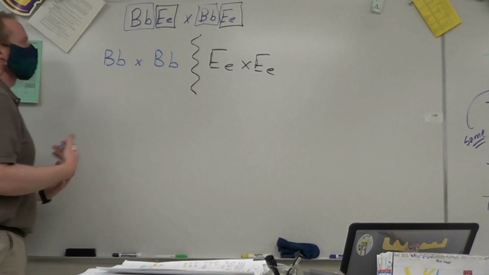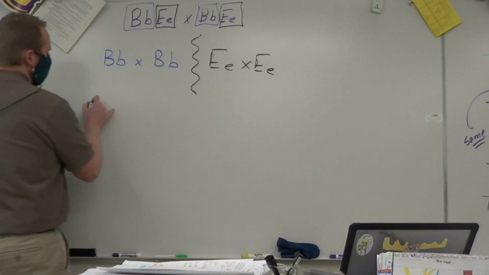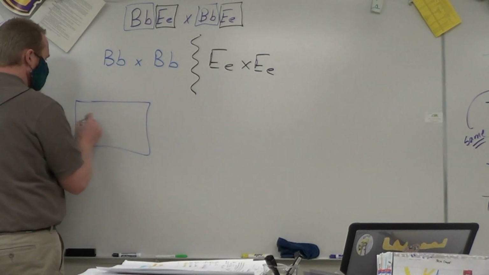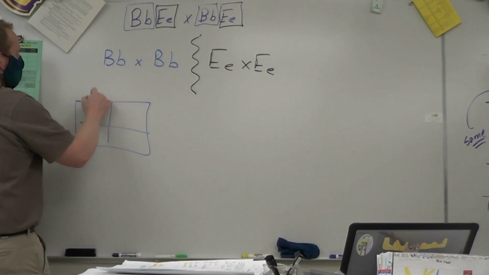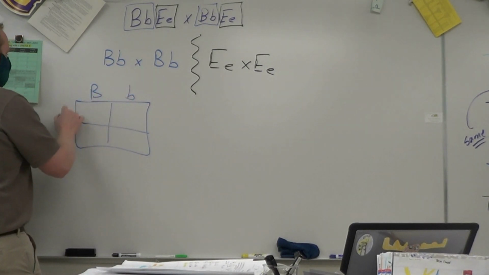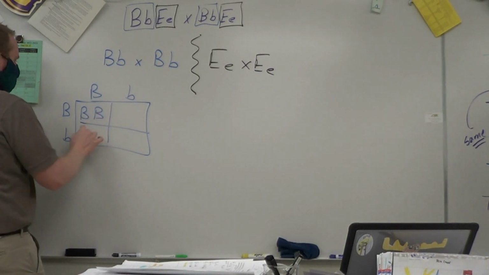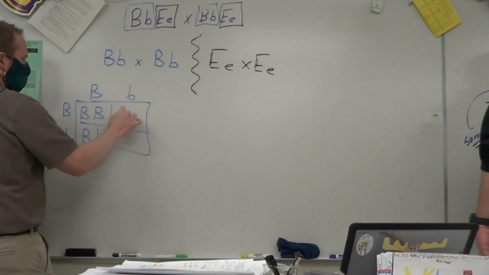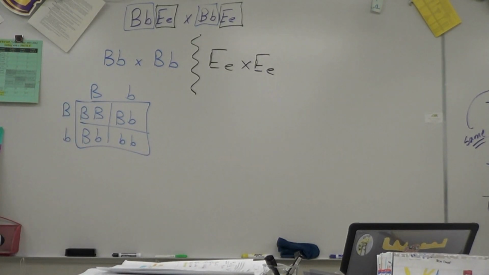Now the idea is, what are the possible combinations that we could get? And when we do a Punnett square, now actually, Mr. Board, we will do that piece. We will do a 4x4, just to show it, when we go through and do a 2x2 Punnett square, which hopefully shouldn't be too much of an issue.